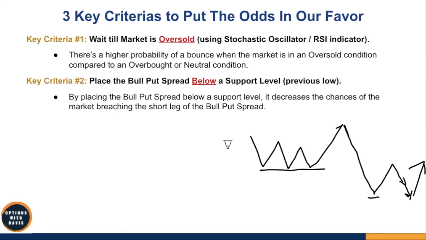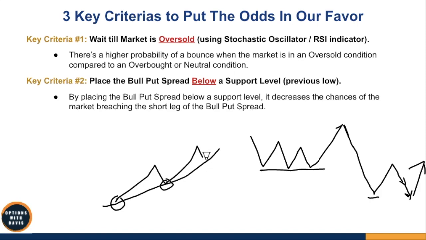You could also identify a dynamic support level, and that is using a moving average. For example, let's say the market is in an uptrend, and there is a moving average which you use, and you notice that the market has bounced off this moving average several times. Let's say it's bounced up each time it touched this moving average.